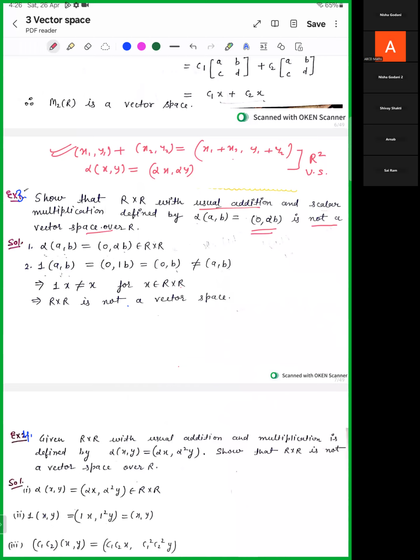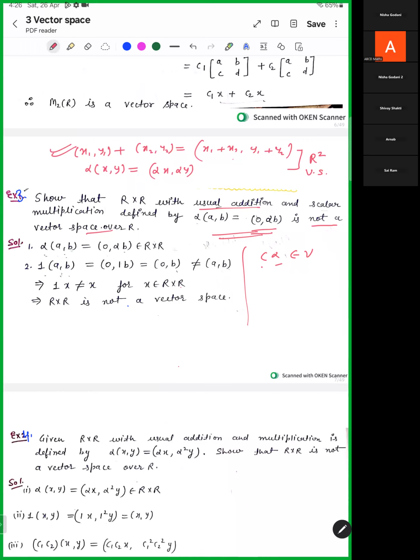Okay, but the question is, for which operation must we check first? Here the scalar multiplication is not the usual one, it is changed. So that is why we must check the axioms under scalar multiplication. The first axiom was that c alpha must belong to V, where c is a scalar and alpha is a vector.